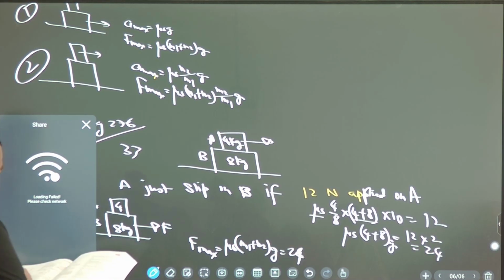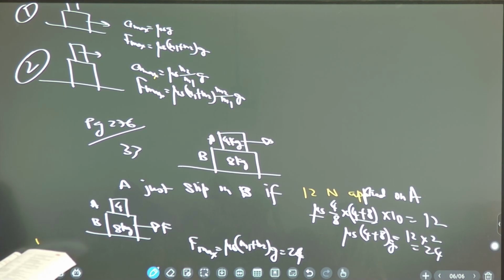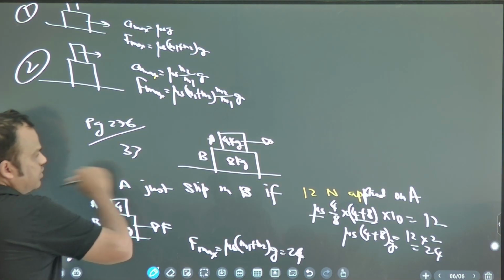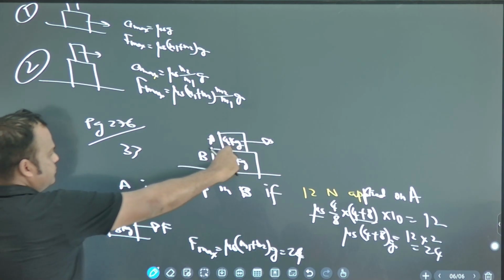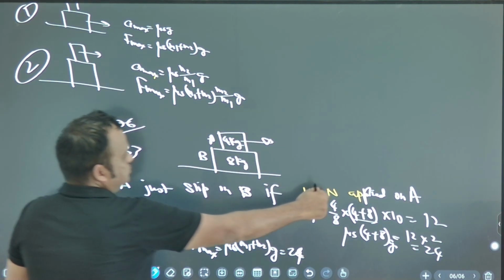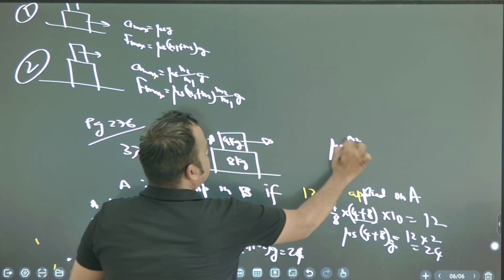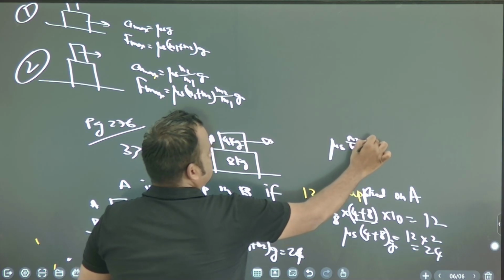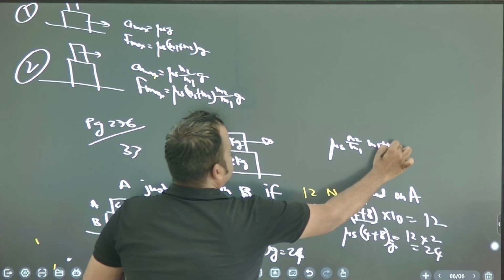Okay. Now page 281, question 80. Okay, is this question clear? Any problem? Case 2: mu s M2 by M1 times (M1 plus M2) g.